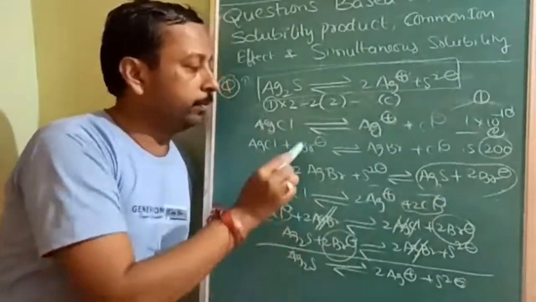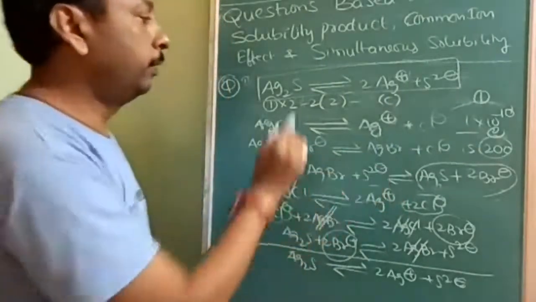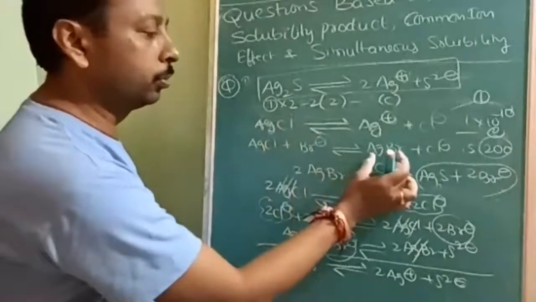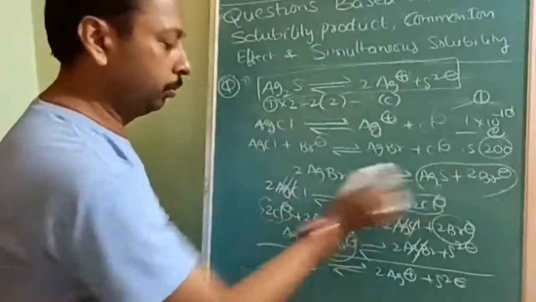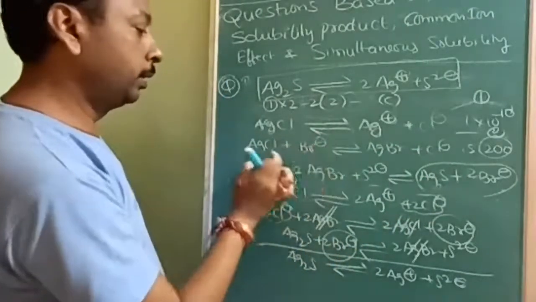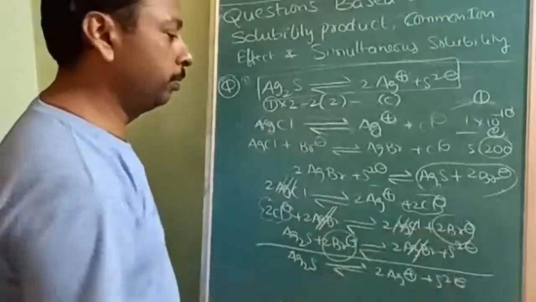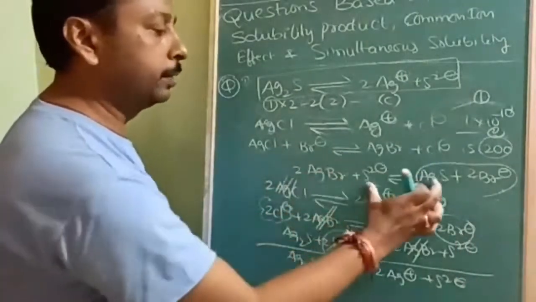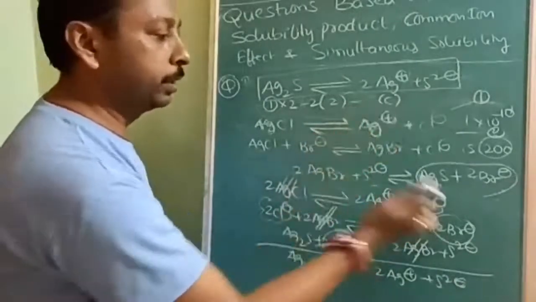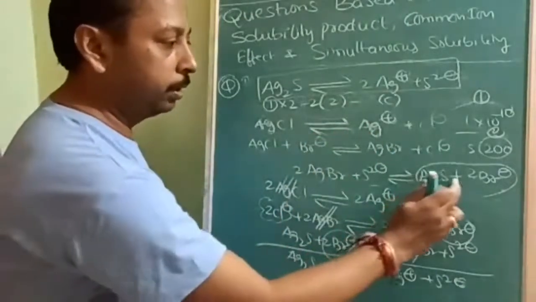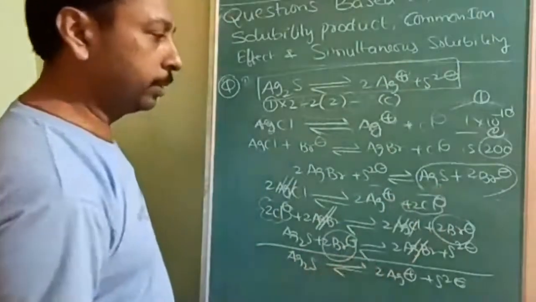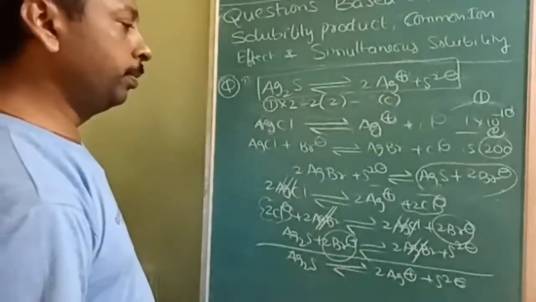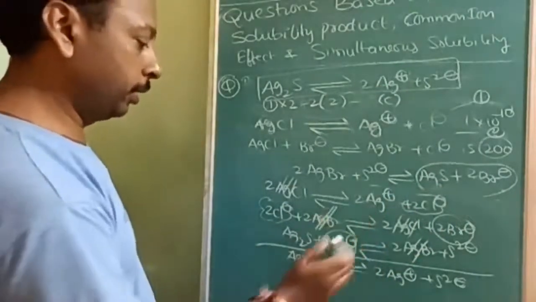For reversing, minus, multiplied by 2: so 2AgBr plus 2Cl minus on this side, and 2AgCl plus 2Br minus on the other. And in this equation, it is done as it is, not multiplied, just reversed: Ag2S plus 2Br minus.